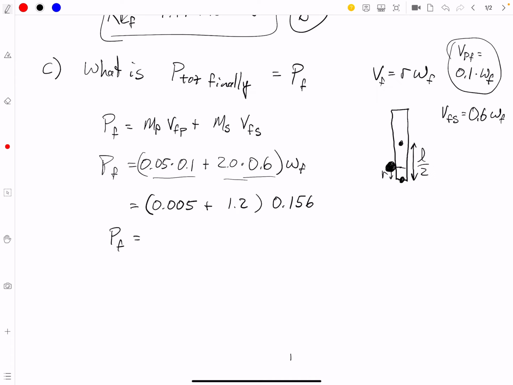And that equals 0.188 kilogram meters per second. And that is the answer to C.